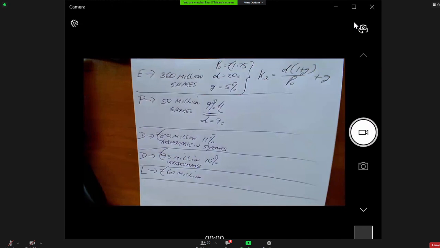What's the story here? If I have a question to do with preference shares, I go to the back of the exam paper. Again, I get a formula. It's always a constant dividend over price. Just put the dividend over the price. If the dividend's in cent, put the price in cent. If the dividend is in euro, put the price in euro. That's a little formula that's available to you.